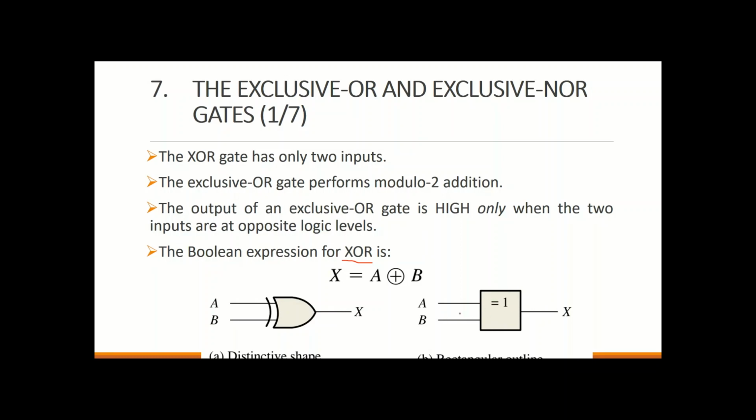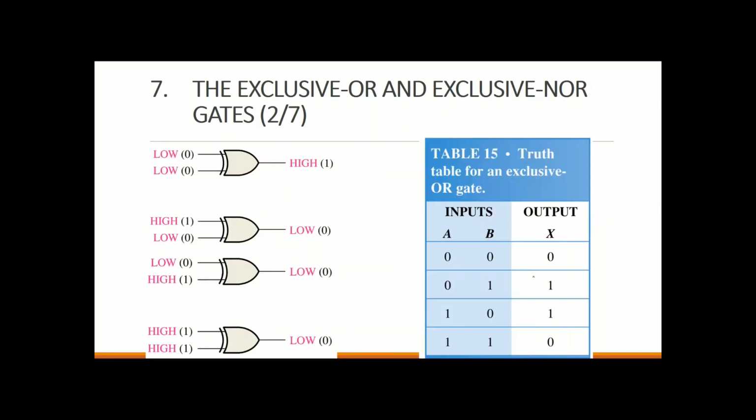And I will tell you why we say equal to 1. Now for the exclusive OR, the process of it is actually sensing if the levels are the same. Levels are the same means what? Either they are both zeros or both ones. It doesn't matter if they are high or low.